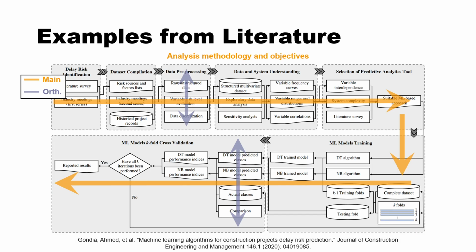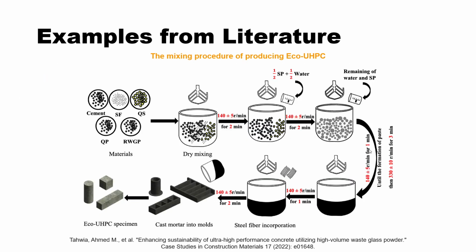For example, I can read the headings and go with the main line to understand, okay, they did this, and then this. Or I can zoom in to a specific thing like data pre-processing to understand, okay, what did they do? Or what did they have in this? So it actually makes reading articles pretty easy, or easier.